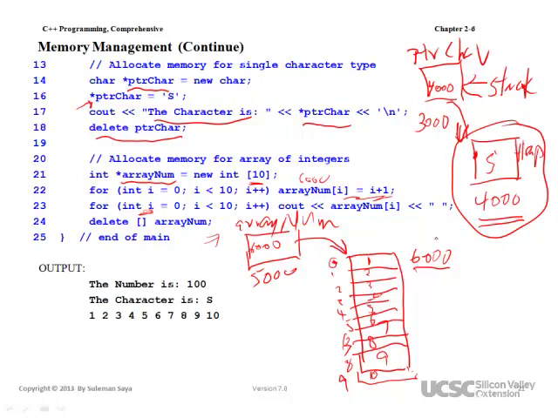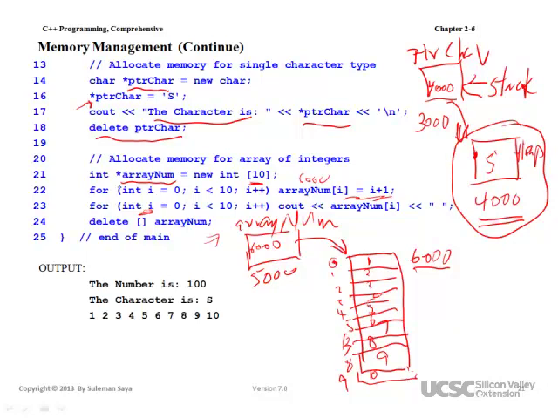Okay, and then 6001, 6002, 6003. Well, depending upon the size of the integer, the offset is based on that. Okay, so this would be 6000, and then if the integer is 2 bytes, then it will be 6002, or if the integer is 4 bytes, then this would be 6004, and so forth.